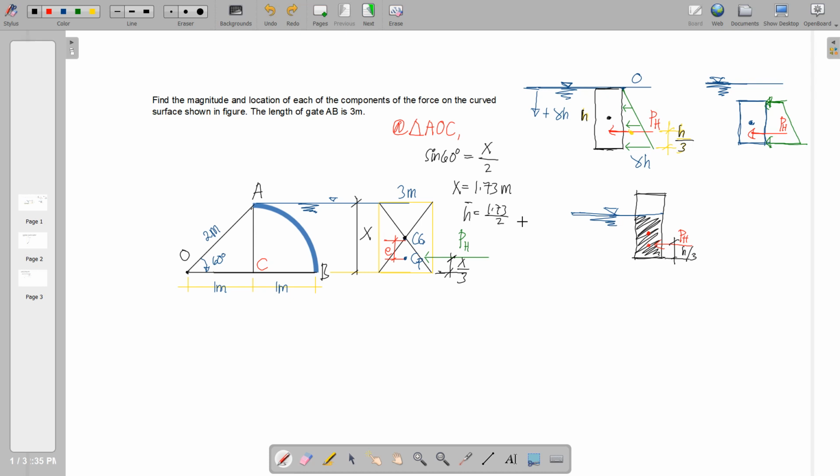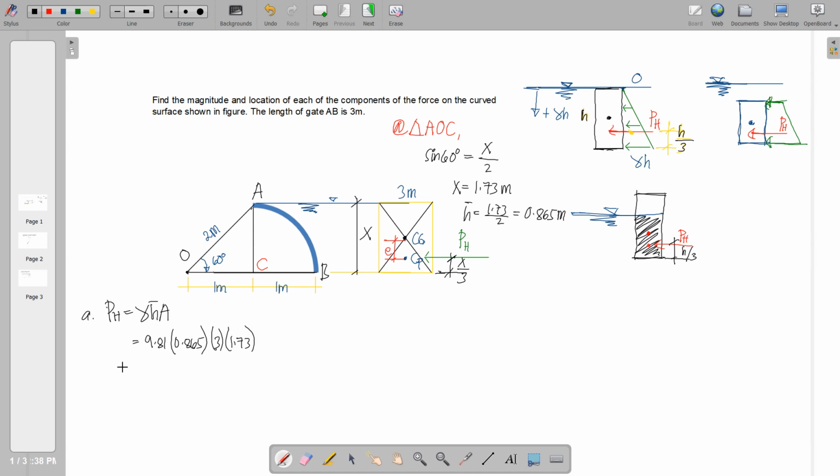Here we have H bar is equal to 1.73 all over 2, and that will be equal to 0.865. Okay? So, let us have now our pH, say we have here letter E. We have pH is equal to gamma H bar A. So gamma is 9.81 kilonewton per cubic meter, H bar is 0.865 and the area is 3 by 1.73 meters.